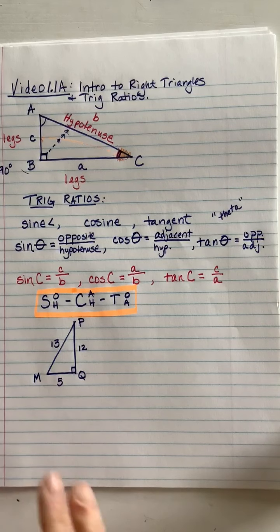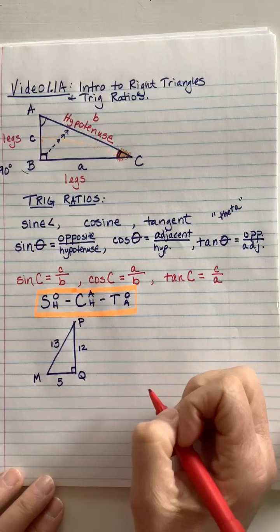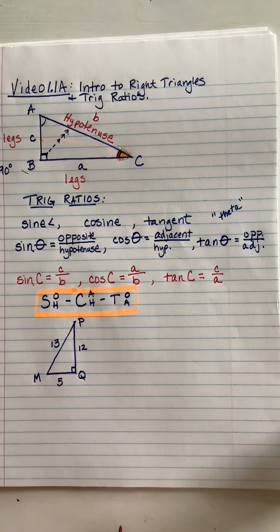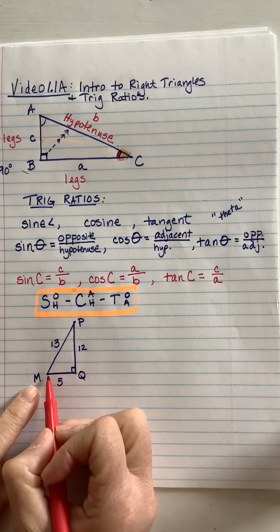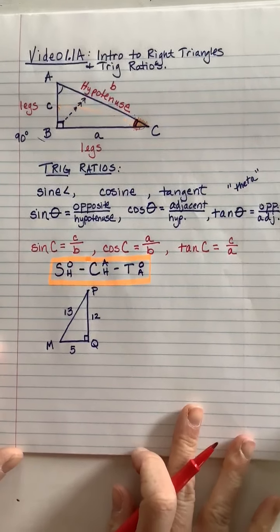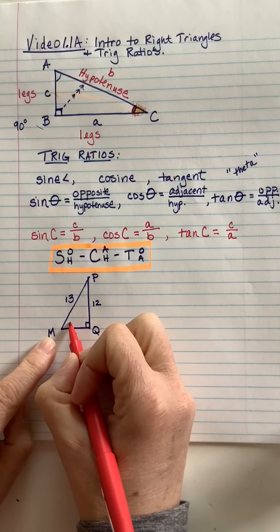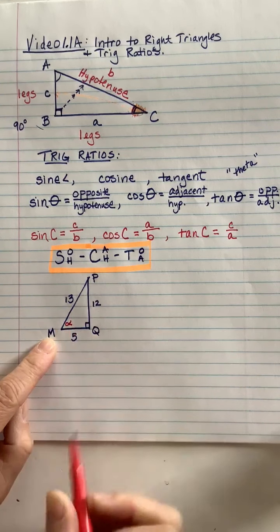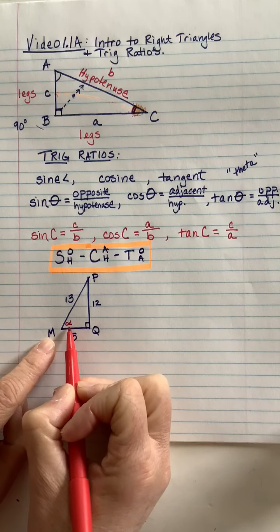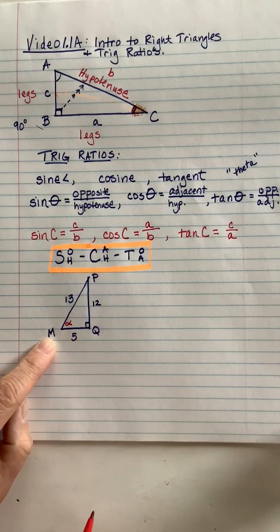Okay, I'm going to do something a little fancy here because you guys are smart and you can handle it. I am going to look at angle M, but instead of calling it angle M, I'm going to use a fancy little Greek lowercase letter. It's an alpha. It's a lowercase Greek a. You don't need to know that, but you're going to see it again in some of your practice problems.